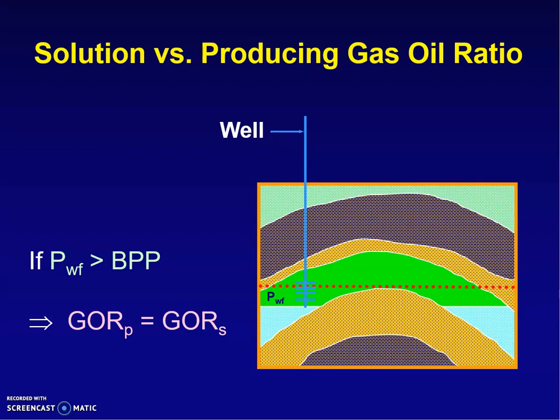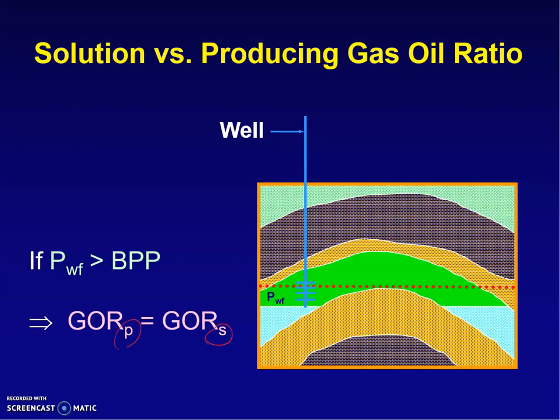If the bottom hole pressure, which is shown with PWF, is greater than the bubble point pressure, it means everything coming out of your reservoir is 100% liquid. If this pressure is above the bubble point pressure, everything here is liquid. And in that case, the producing gas oil ratio is equal to the solution gas ratio.